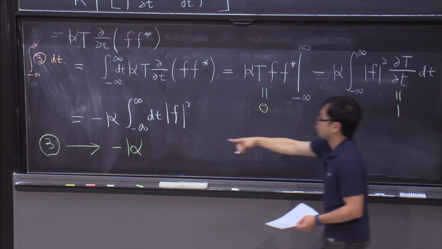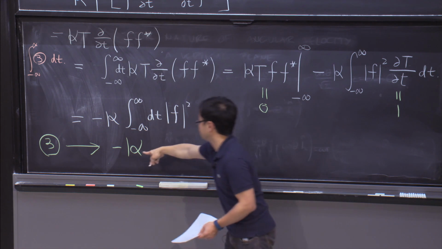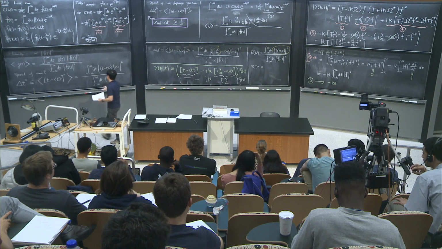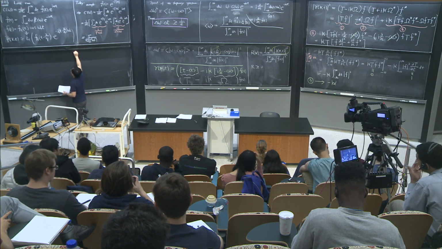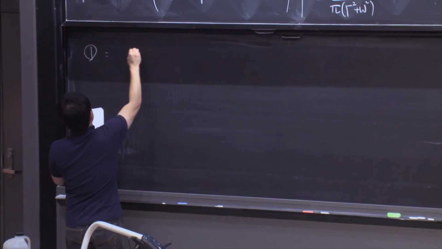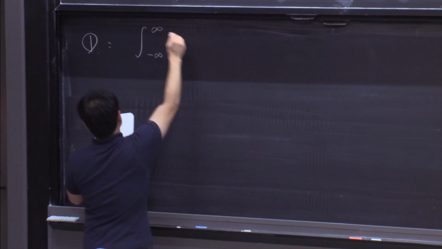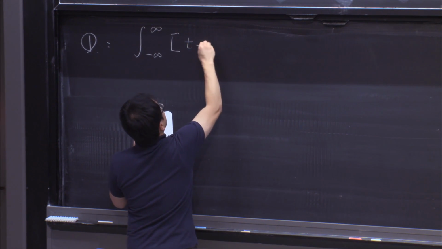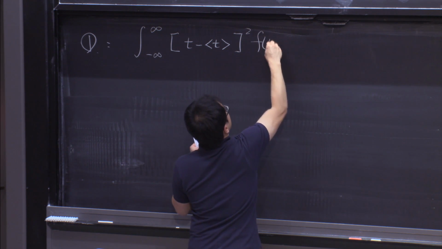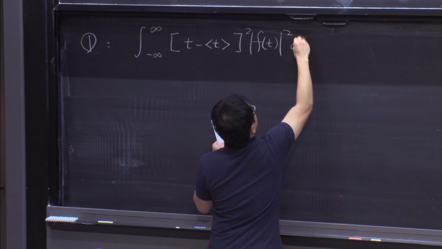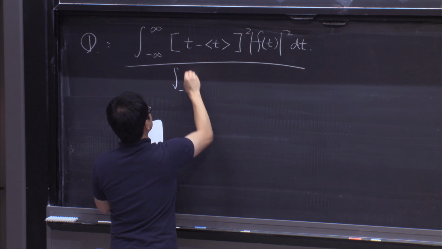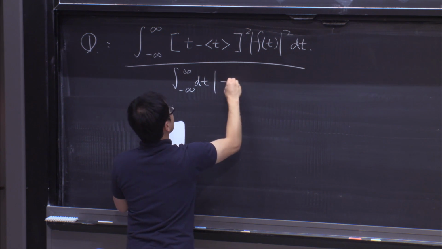Okay, so you can see that the contribution from the third term, number 3, is rather simple. It's just minus kappa. And let's also take a look at the contribution from the first and the second. Number 1 basically will give you the integral from minus infinity to infinity of (t minus average t) squared f of t squared dt, divided by the integral from minus infinity to infinity dt f of t squared.